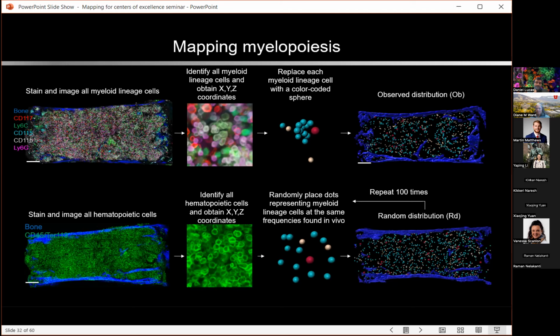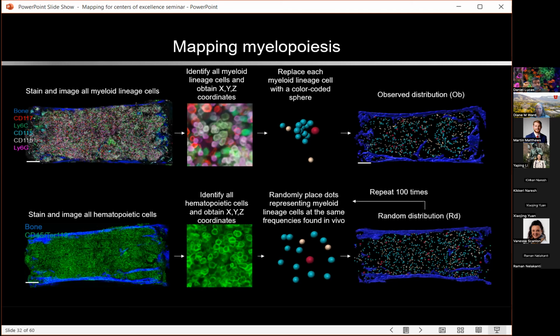And when you use DAPI, you are also detecting all the stromal cells in the marrow, the endosteal surfaces, the endothelial cells that form the vessels, the perivascular stromal cells that are in the marrow, adipocytes, and other stromal cell types.